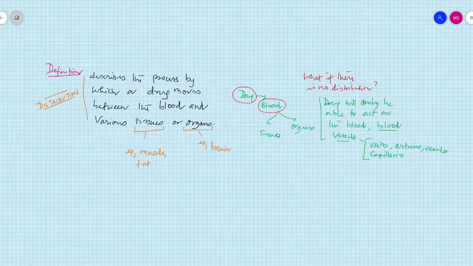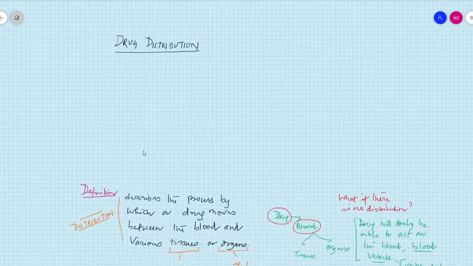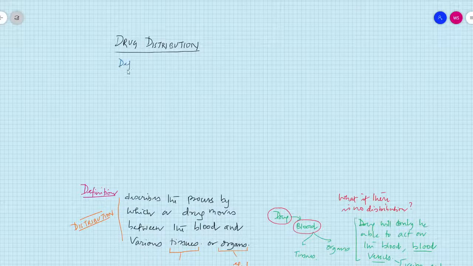Now, if our target site of the drug is the tissue or the organ, then it needs to be distributed. So that is the definition and the importance of distribution. We have talked about the definition and the importance of distribution.